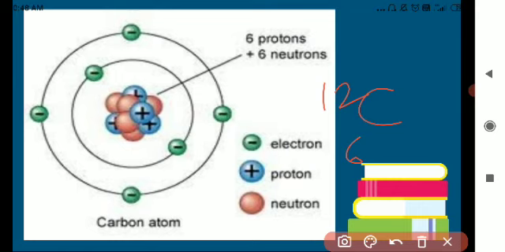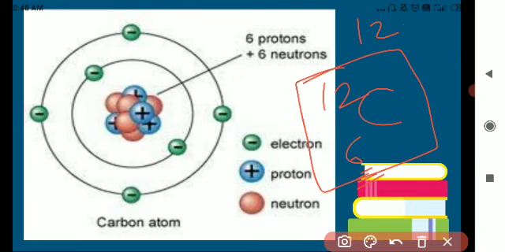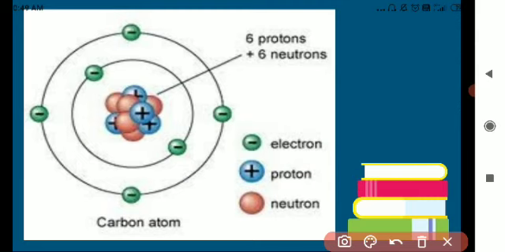It is a neutral atom, so the number of protons will be 6 and the number of electrons will be 6. And how do we find the number of neutrons? 12 minus the number of protons. Here the number of protons is 6, so 12 minus 6, you will get 6. So 6 is the number of neutrons. Ultimately, protons, neutrons and electrons, all numbers are 6 for carbon.